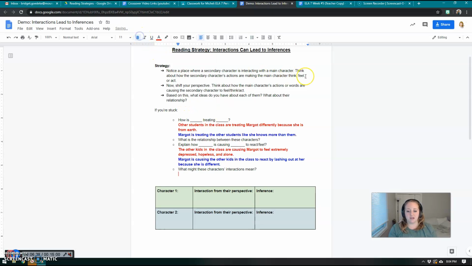What might these characters' interactions mean? So I think these interactions definitely show, sorry, I'm trying to catch up. These interactions definitely show us the role of guilt, because in the end of this story, you get the sense that the other students definitely feel guilty about what they have done to Margot.